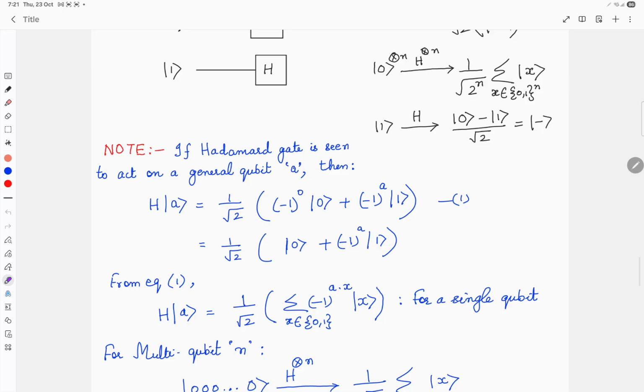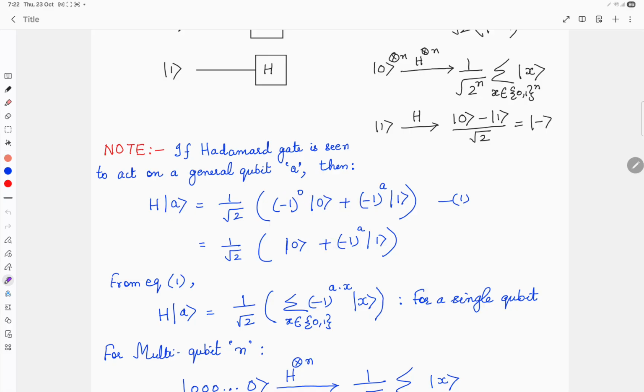Now let's try to understand the Hadamard. When the Hadamard gate is applied to a single qubit, we know that we will get it like this. In between there is a plus sign or minus sign depending on whether the qubit here is 0 or 1. If it is 0, you will get plus.